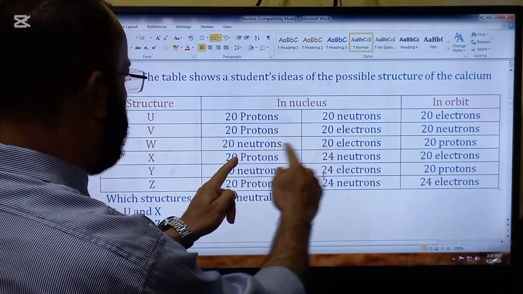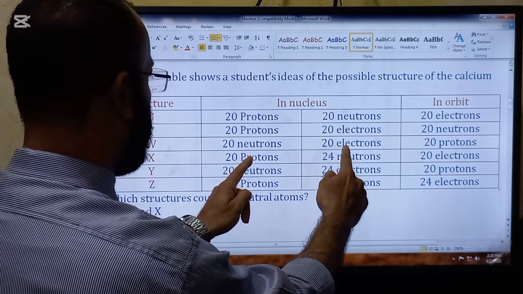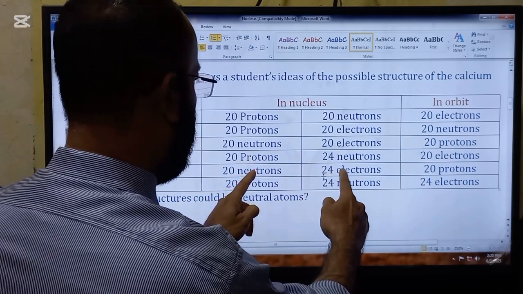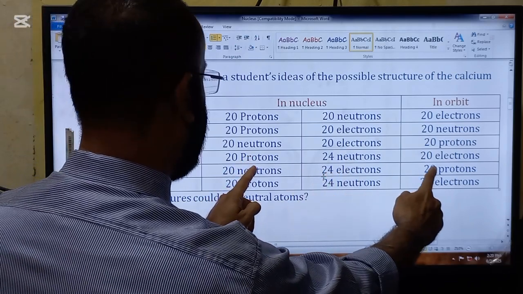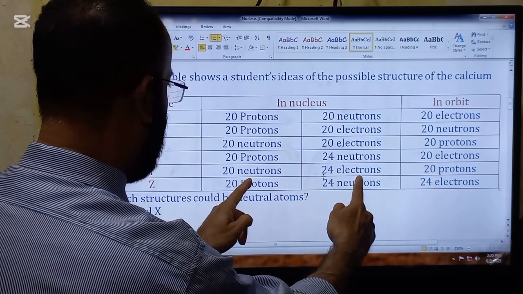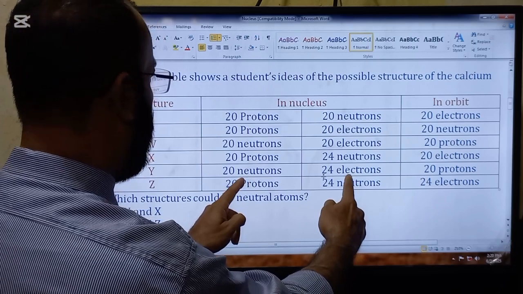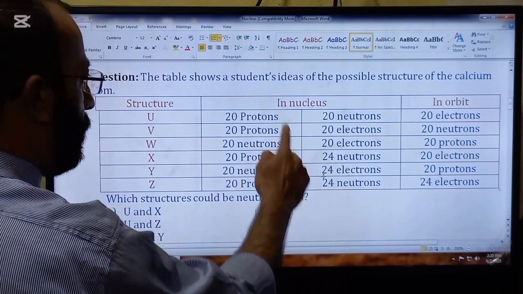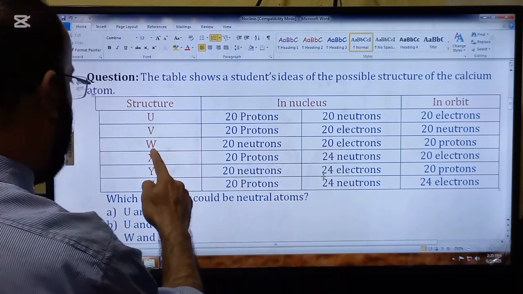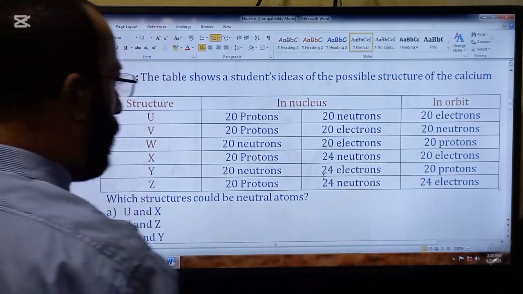This is the wrong option. Here are also electrons in the nucleus, so this option will also be cancelled. Okay, X option can be accepted. We will read it later. This option will also be cancelled because there are electrons written in the nucleus, so V, W and Y will be cancelled. They are wrong options.